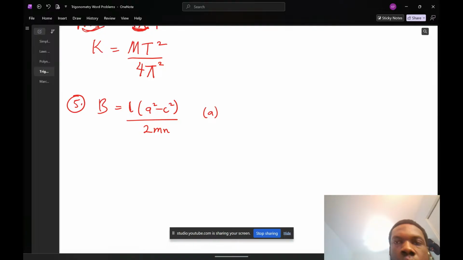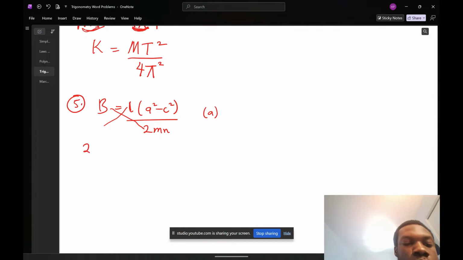So we're making A the subject of the formula. What we first do is that we can first cross multiply. So this will multiply this, and this will multiply this.